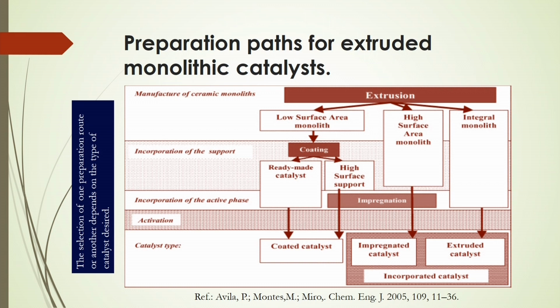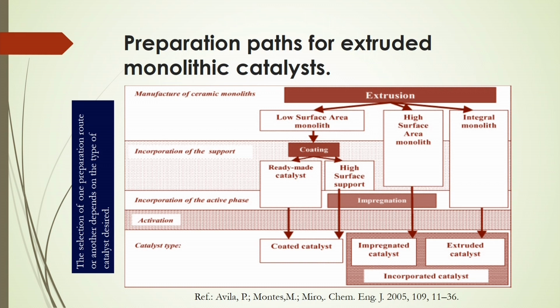So, if you go through that paper, you will get a more illustrative discussion of these preparation paths for extruded monolithic catalyst. Here it is given that for the manufacture of ceramic monoliths by extrusion, you get low surface area monolith and high surface area monolith, as well as some integral monolith structure based on this extrusion method.